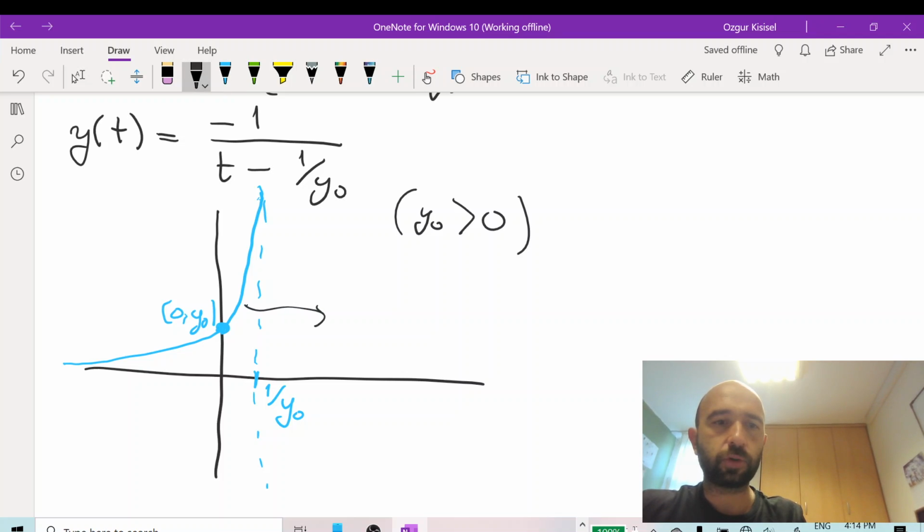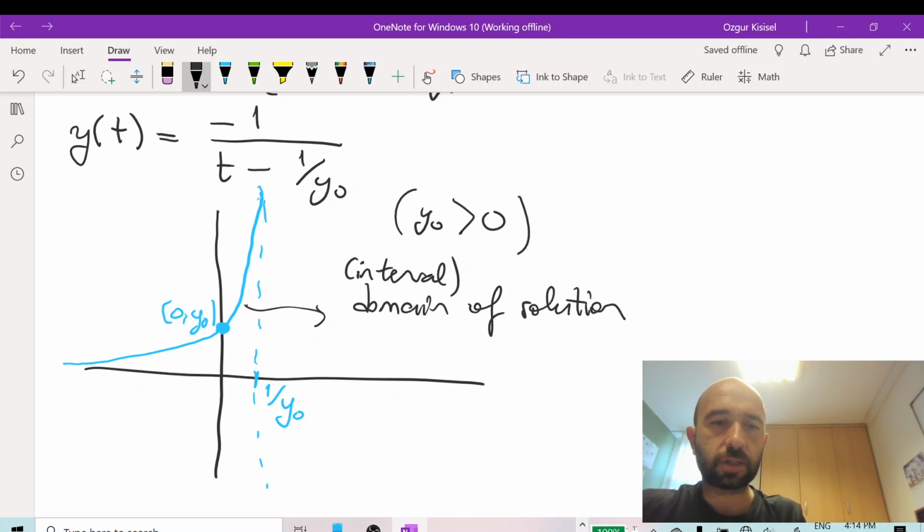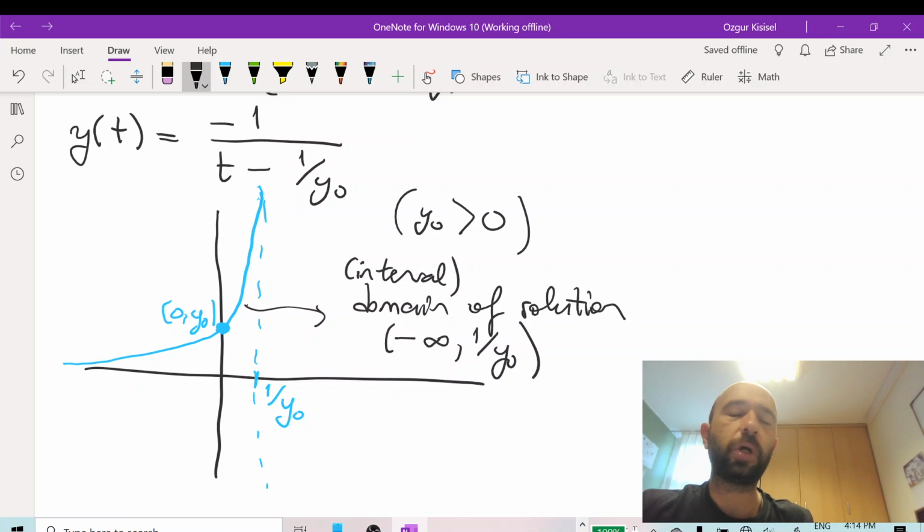So this domain of the solution, or interval of solution, is minus infinity up to 1 over y0, right?